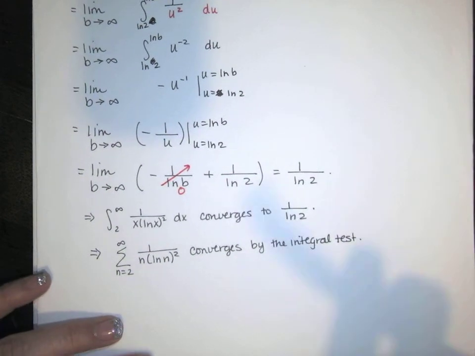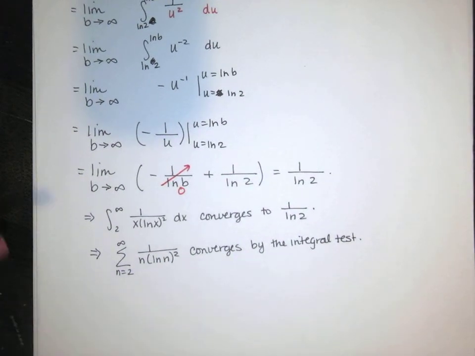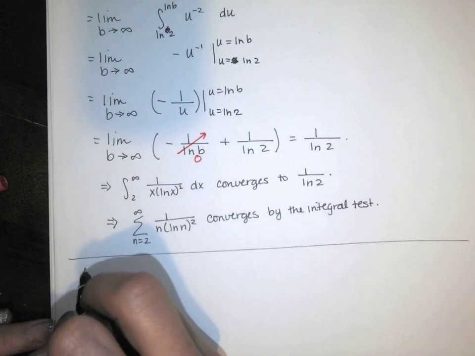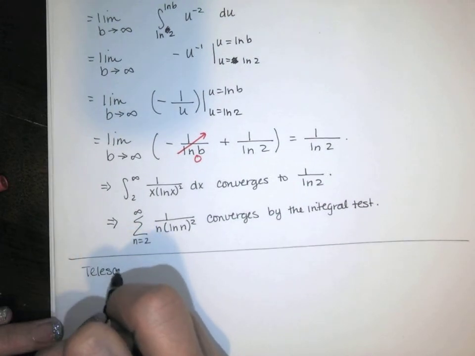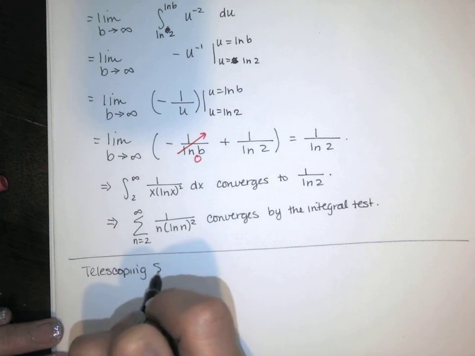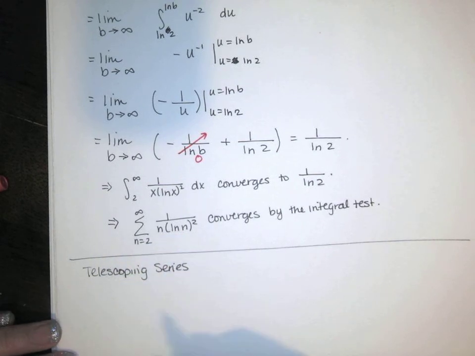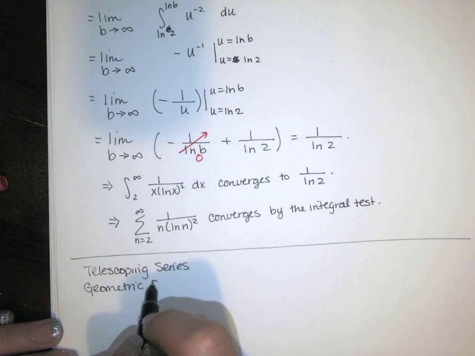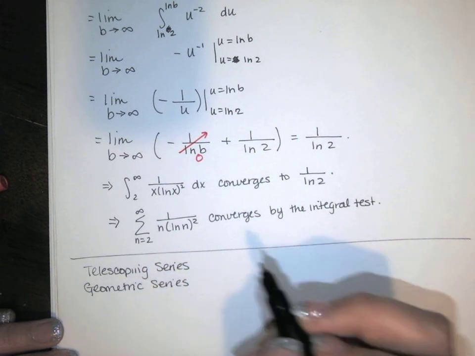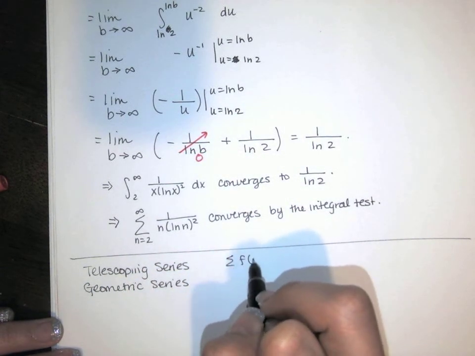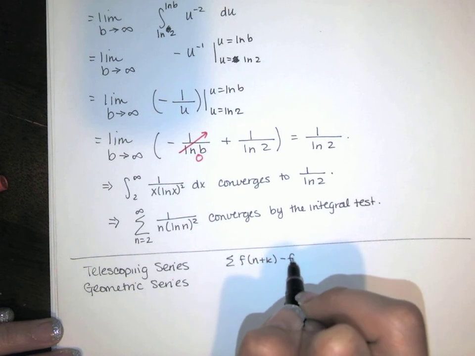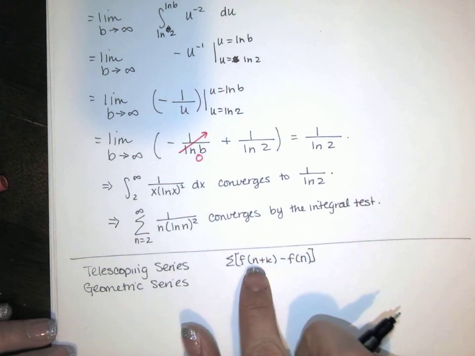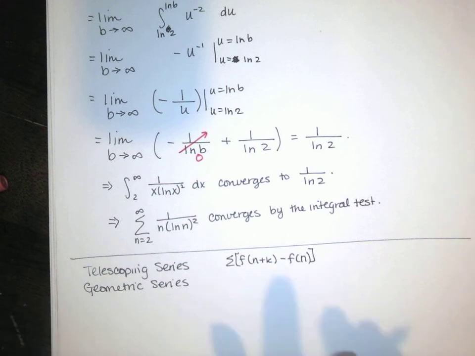Okay, so let's recap. You've got 5 tests. You've got telescoping series. You've got geometric series. Telescoping series have this form. So you've got a function of n and a function of n plus k, and you're subtracting them.